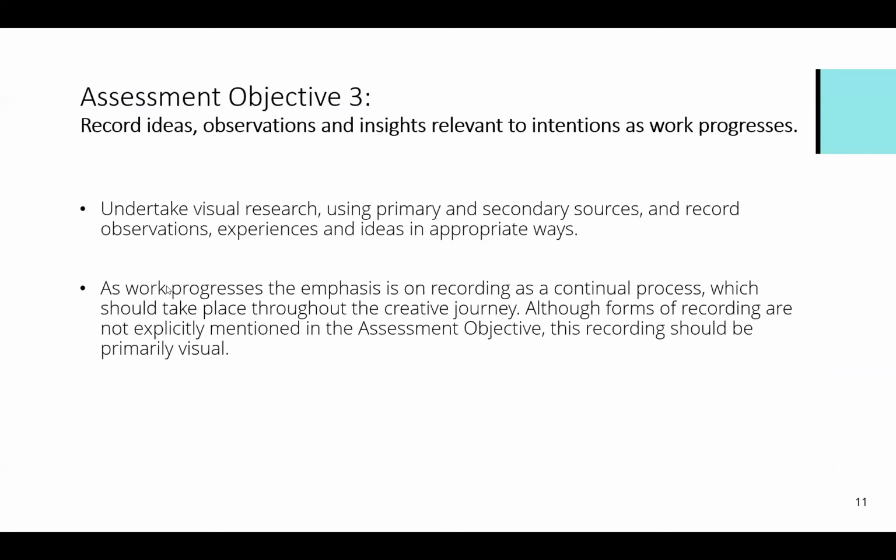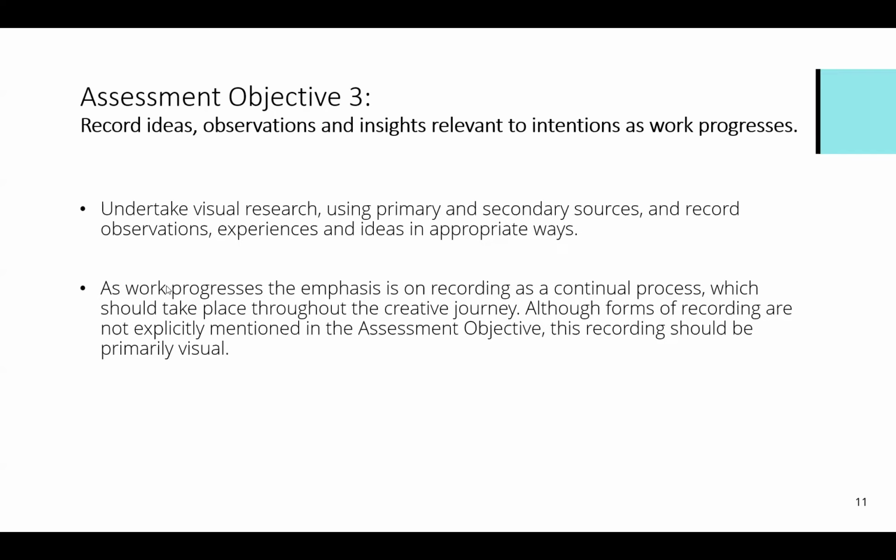Assessment objective 3. Record ideas, observations, and insights relevant to intentions as work progresses. Undertake visual research using primary and secondary sources, and record observations, experiences, and ideas in appropriate ways. As work progresses, the emphasis is on recording as a continual process, which should take place throughout the creative journey.